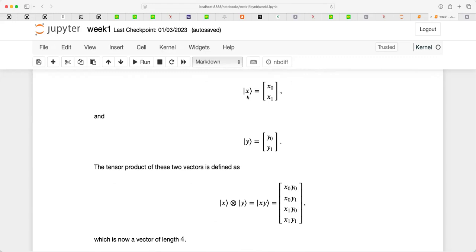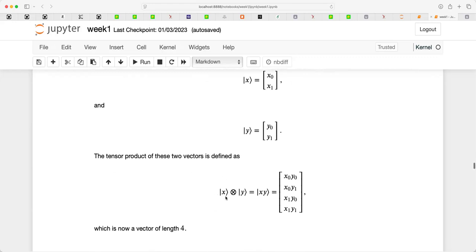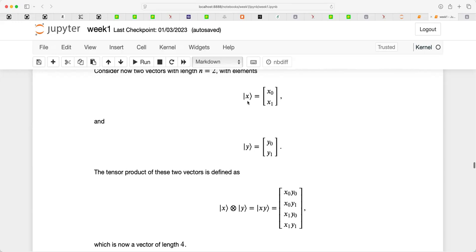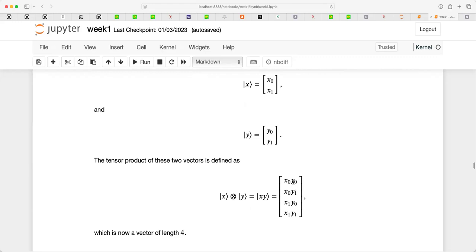So this would be a state X, which is a linear superposition of bits 0 and 1, the same with Y. When we then set up a new state, which you could think of as a one-particle state, and this is a one-particle state, this becomes a two-particle state. And the typical notation which we end up using is a compact notation like this, X times Y, instead of just carrying with us the tensor product. But what it means mathematically is that these 2 times 1 vectors are transformed into a 4 times 1 vector.